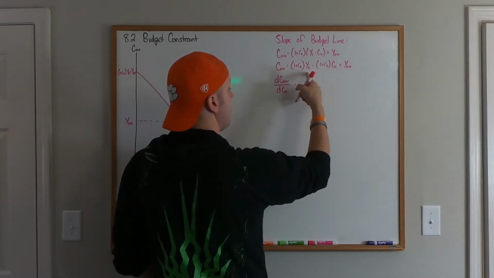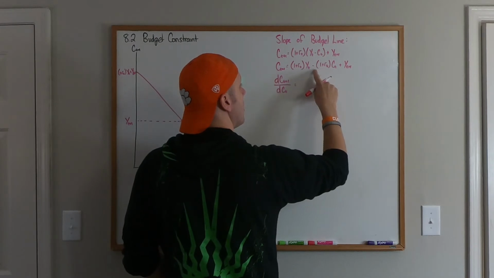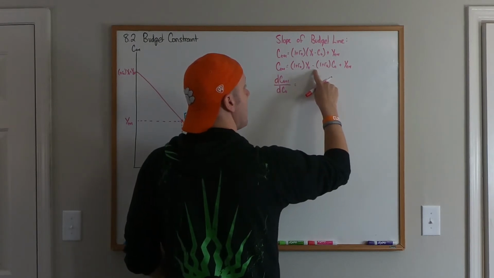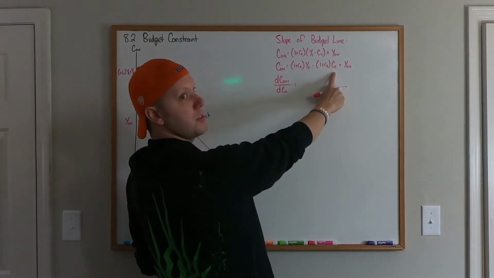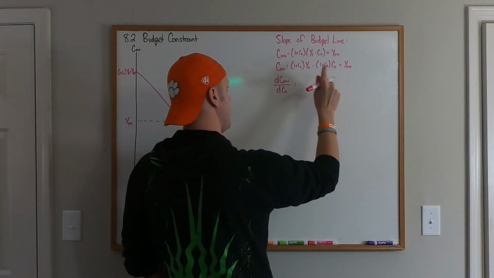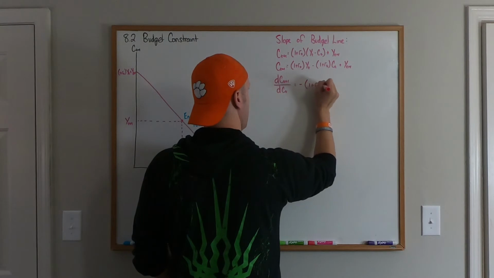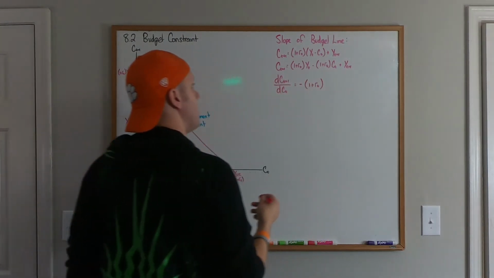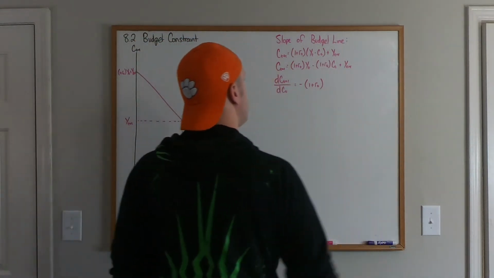1 plus rt times yt goes to 0. There's no ct there. Negative 1 plus rt times ct, there's a ct there. So what's the derivative of this with respect to ct? Well, negative 1 plus rt. And then yt plus 1 differentiates to 0.